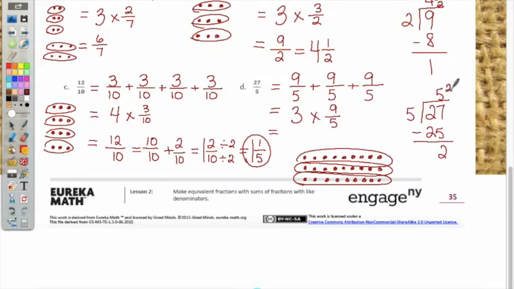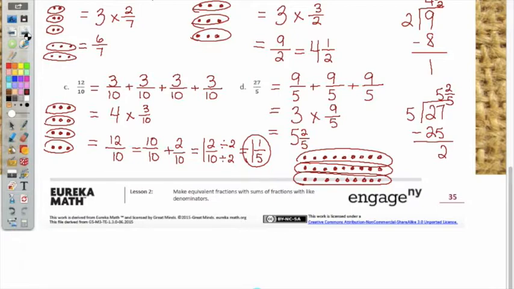So take your remainder, put it on top of the divisor, and it's 5 and 2 fifths. Okay? This is what we do on the second part of the exit ticket. So let's go get that all set up.